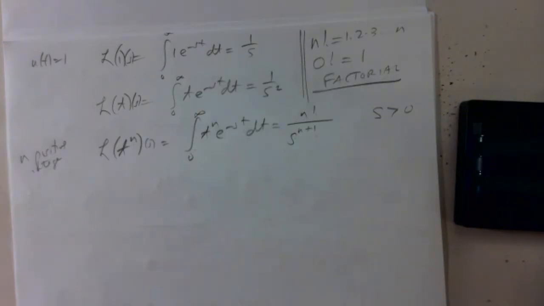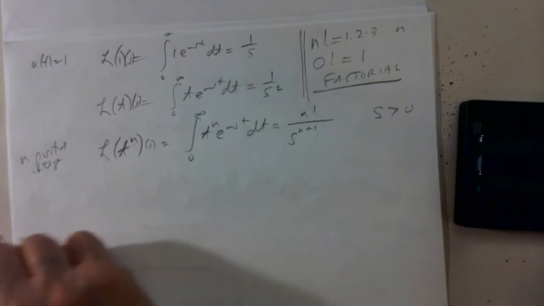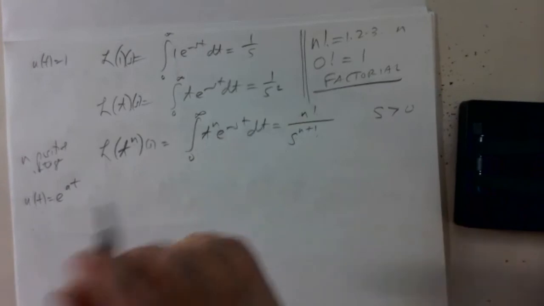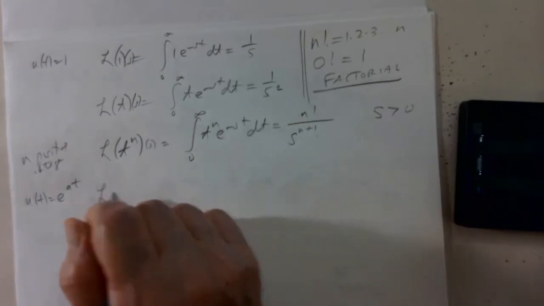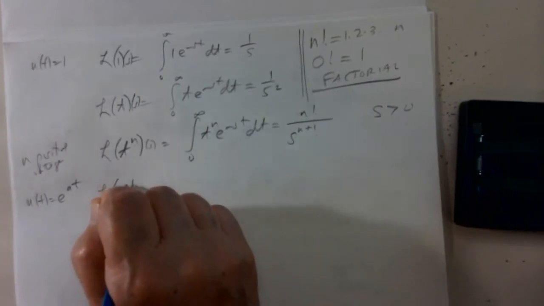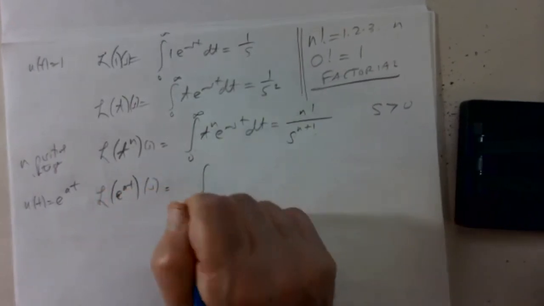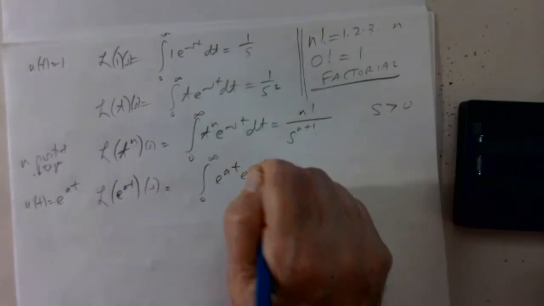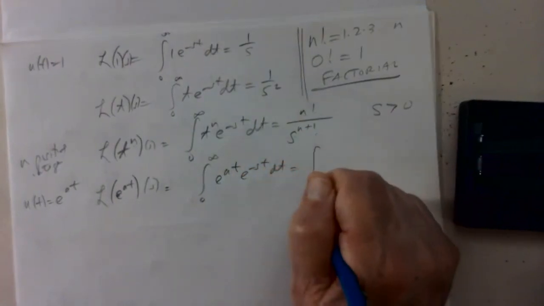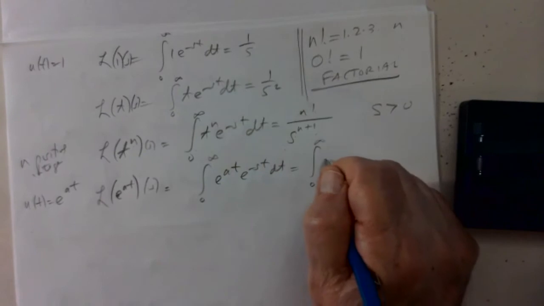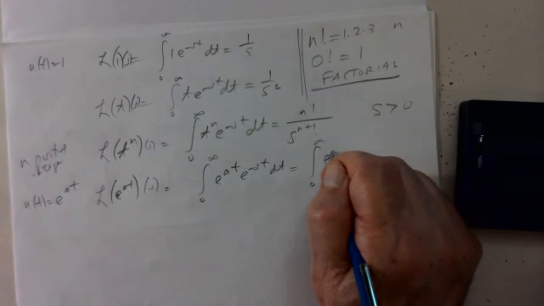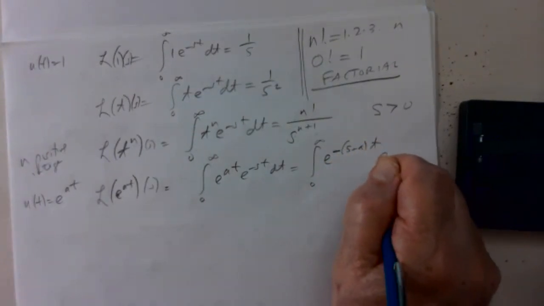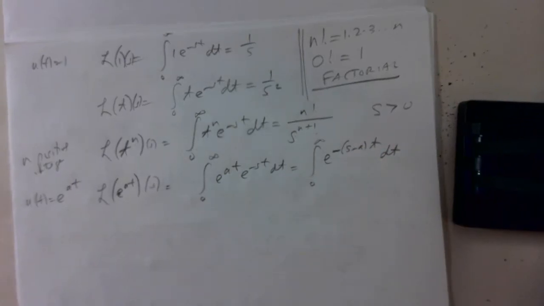Let's see. Suppose I take the exponential function. Suppose I take u of t to be e to the at for some number a. Let me try and calculate the Laplace transform of e to the at. That'll be the integral from 0 to infinity of e to the at times e to the minus st dt. This is the integral from 0 to infinity of e to the minus (s minus a)t dt.